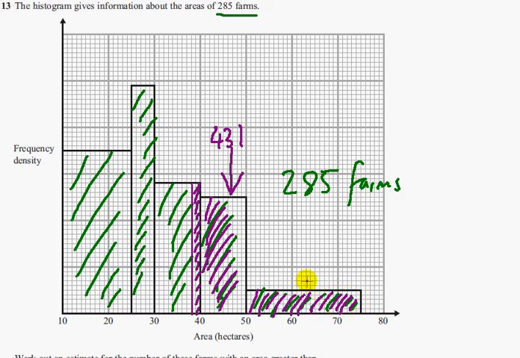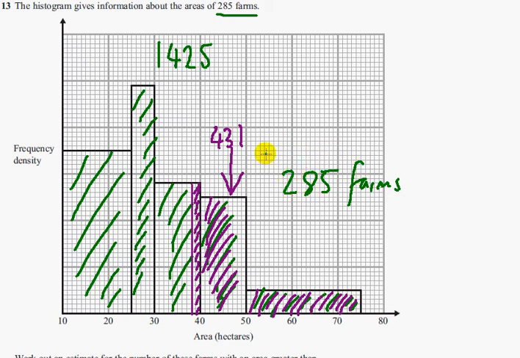If you added all of the little squares in the whole thing, you would get 1,425 little squares. Now 1,425 represents 285 farms.